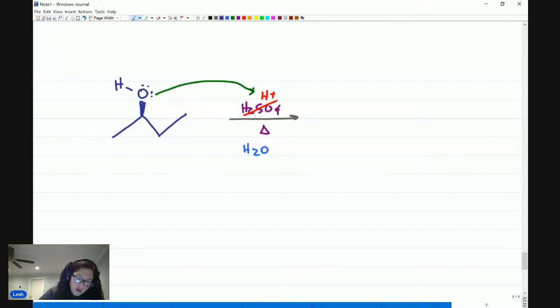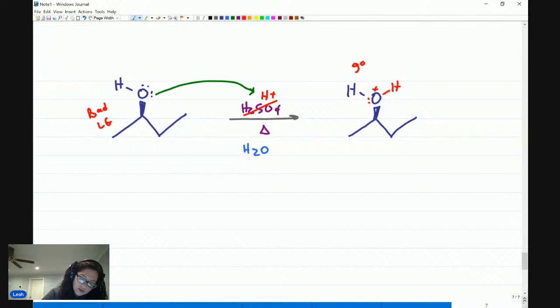The alcohol will grab the H plus from solution so that what was an OH is now an OH2 with a lone pair and positive charge. I just turned what was a bad leaving group into a good leaving group. And what does a good leaving group do? It leaves and stays gone. Or as my son likes to say, it go gone.